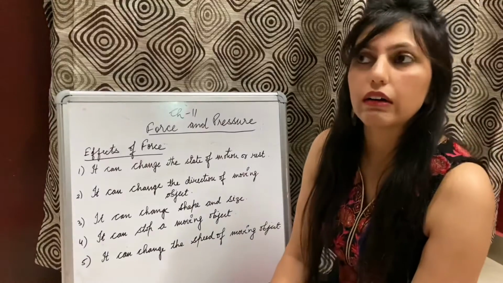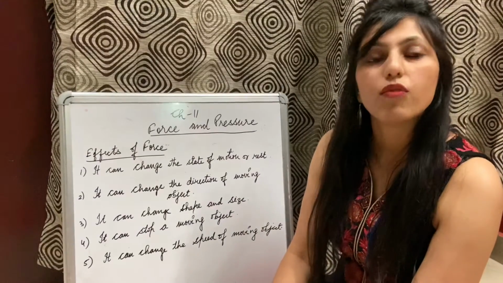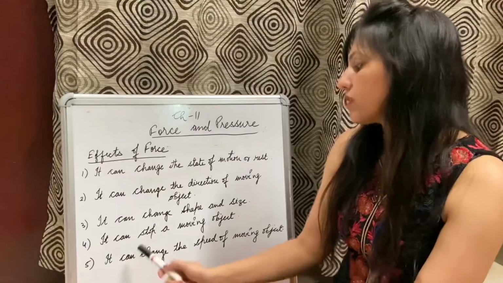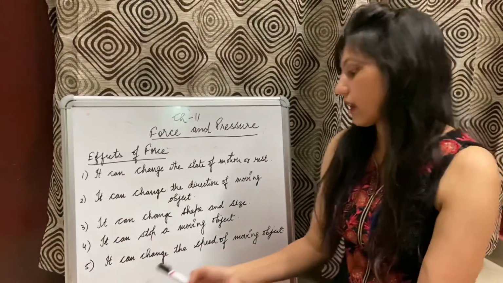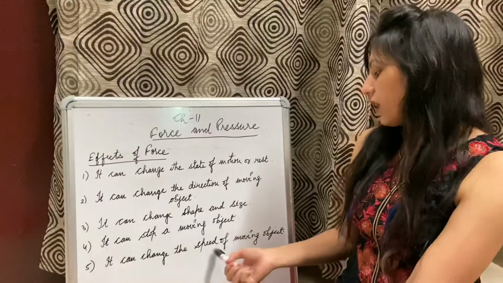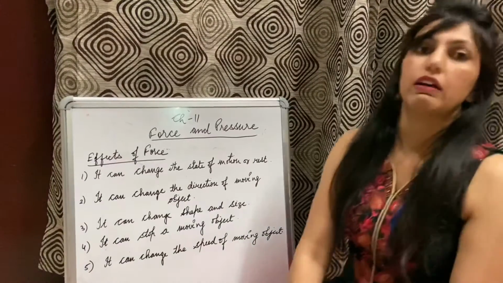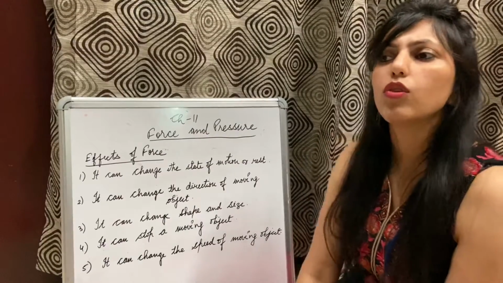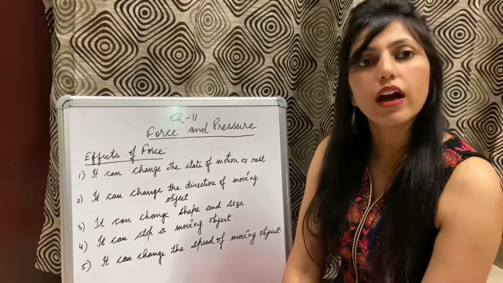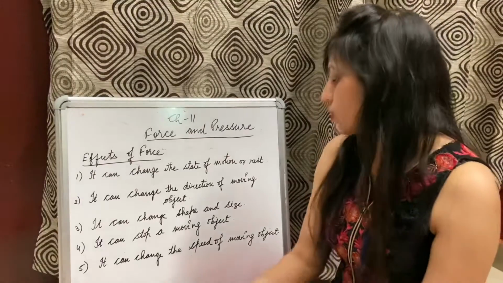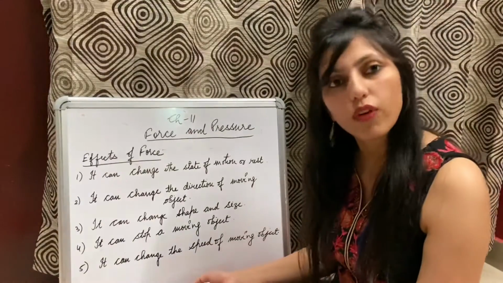When you are riding a bicycle and you apply a brake, that bicycle will stop, which means you are stopping a moving object. Next is it can change the speed of a moving object. When you are driving a car and you lower its speed with the help of the brakes, you are changing the speed of the moving object.